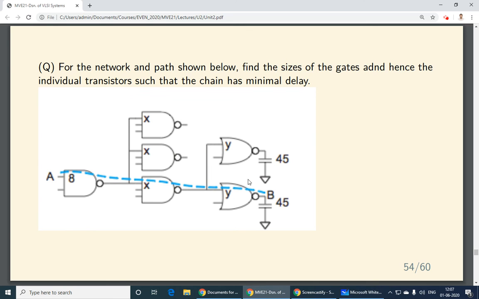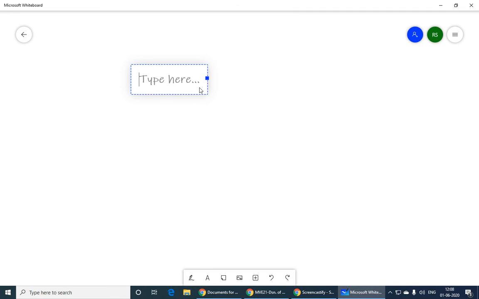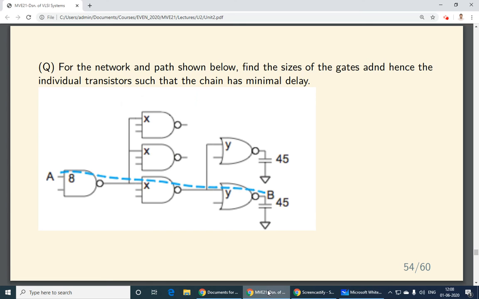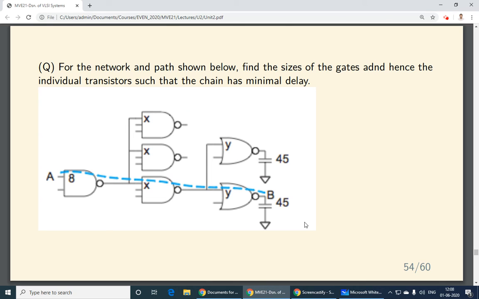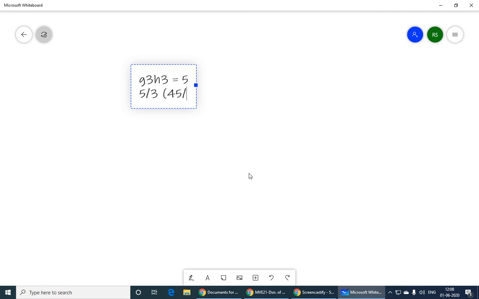Okay, so we'll start with the last gate if you want this time. So now we have 45 here. G3H3 equal to 5. G3 is 5 by 3 into, now we have to be a little careful, output capacitance is 45 divided by the input capacitance, which is Y. Equal to 5.